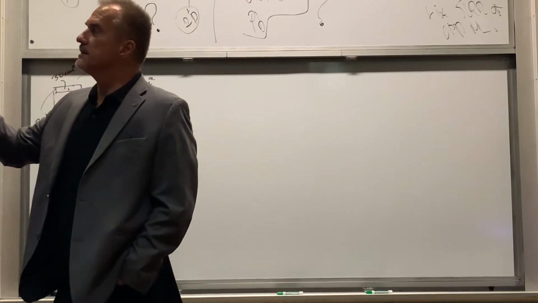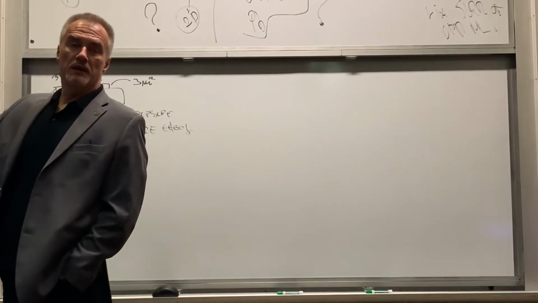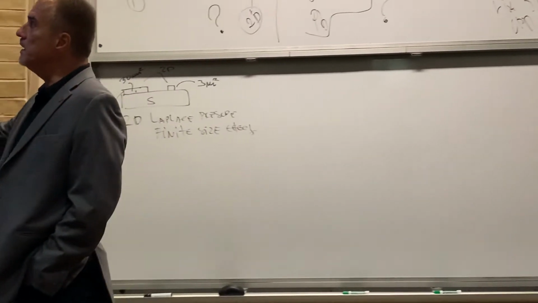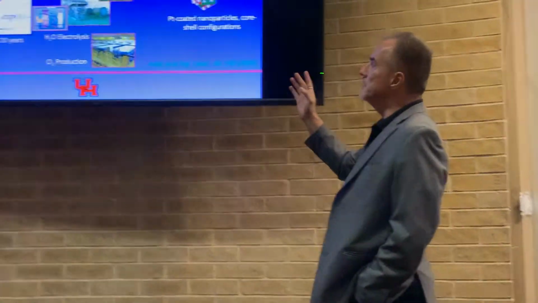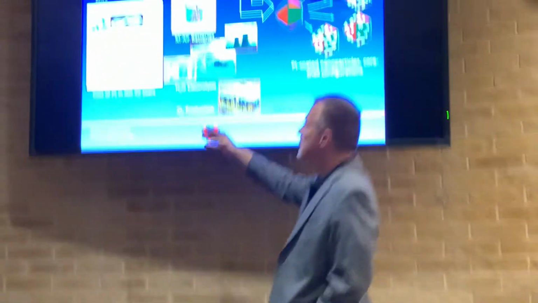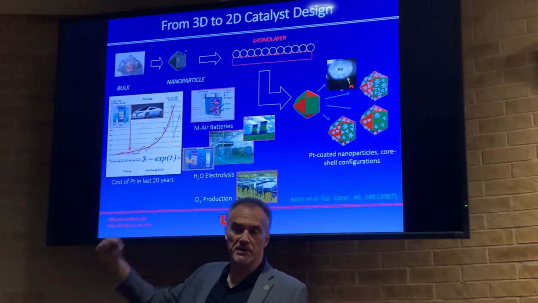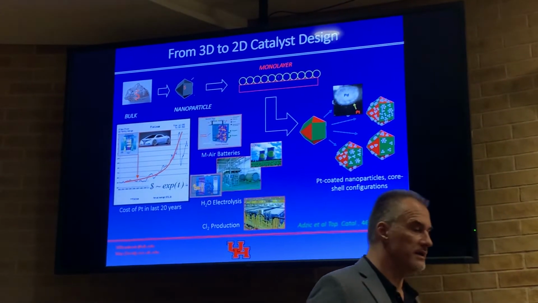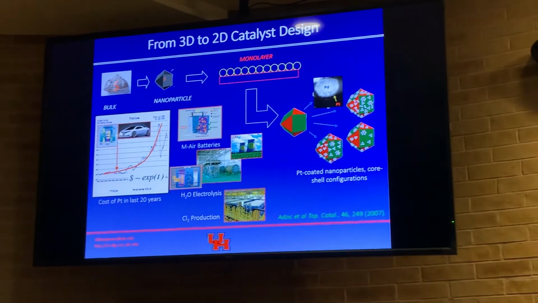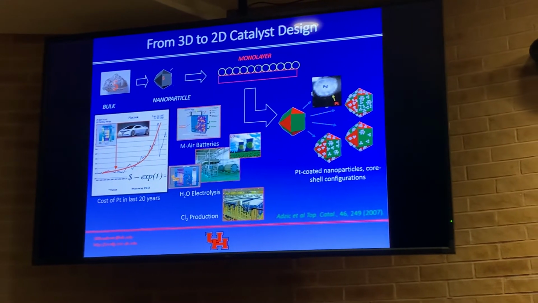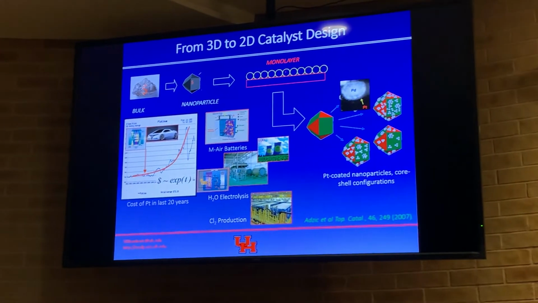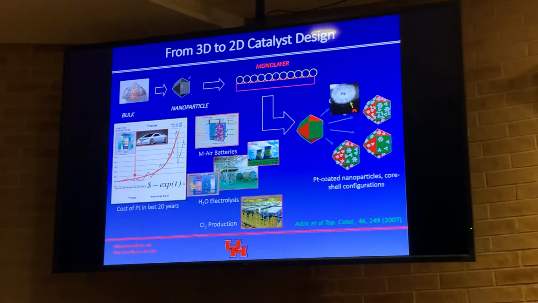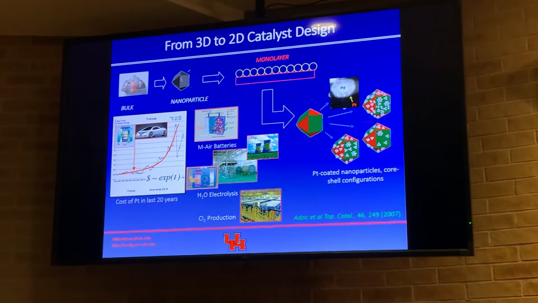Bottom line is that if we do the right thing, then this exponential increase in the price should be mitigated by the smart use of material. Now, unfortunately, there's also a lot of politics involved, so not necessarily only science can solve the problems.